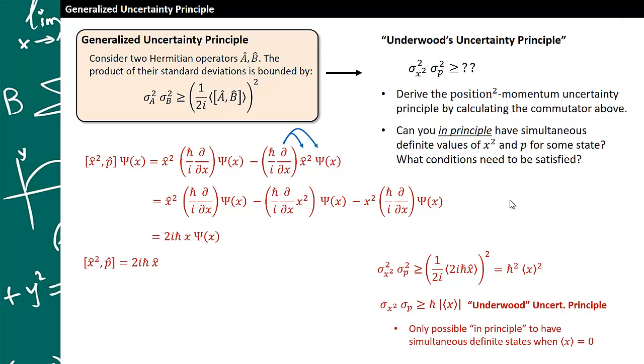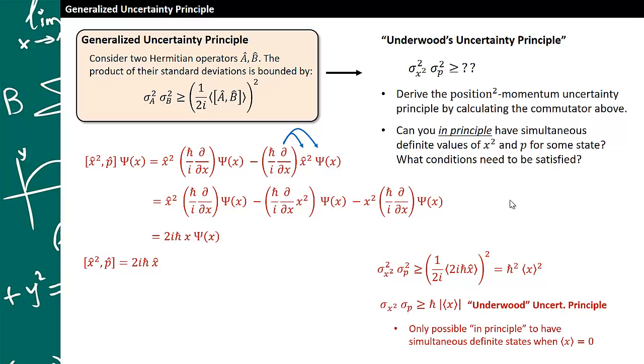Again, contrast that with the usual Heisenberg Uncertainty Principle, which says you can't have a zero product between the uncertainty in position and uncertainty in momentum. You always have to have something that's non-zero. Here, it seems like you could, in principle, make something that has that product equal to 0.